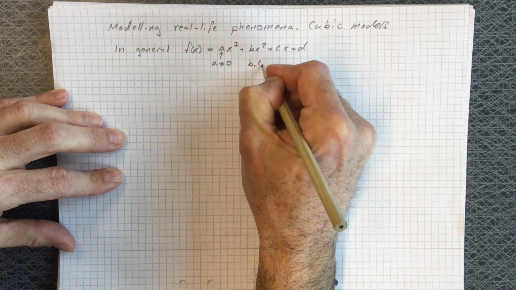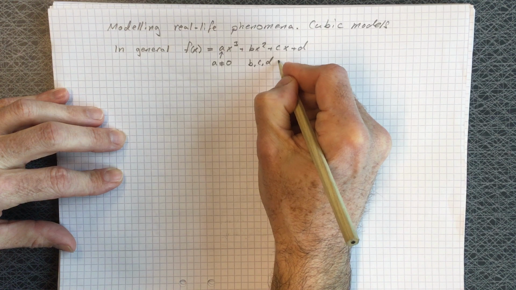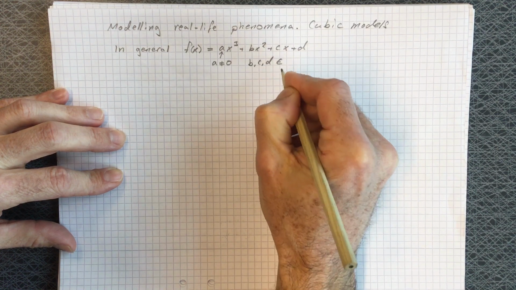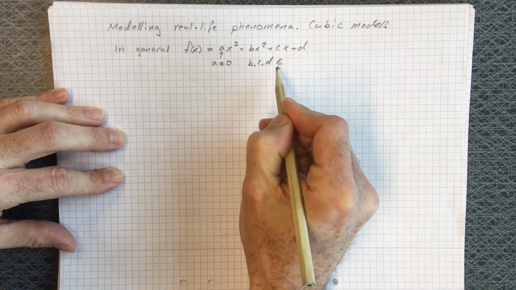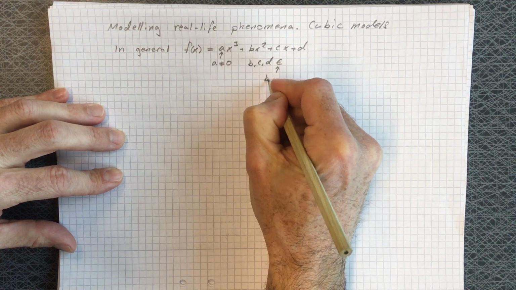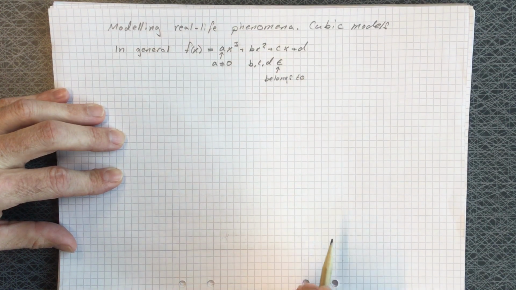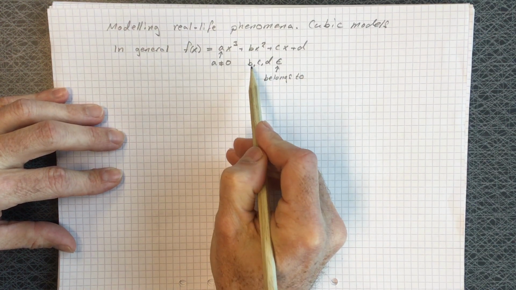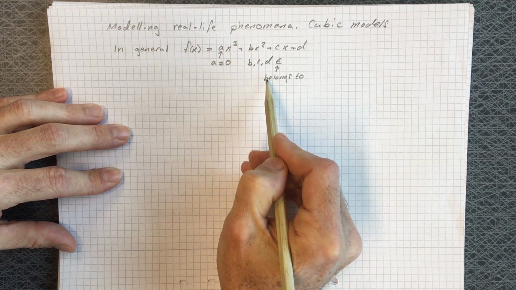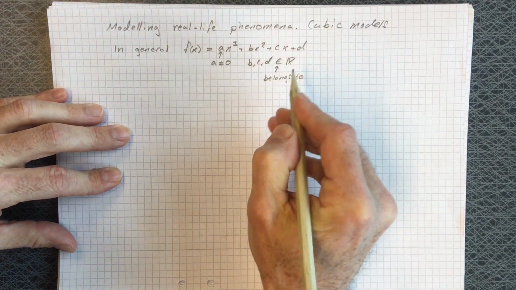b and c and d, these three constants, and I don't know if you have seen this symbol, it looks like an E. You pronounce it, belongs to. The constants b, c, and d belong to the real numbers.